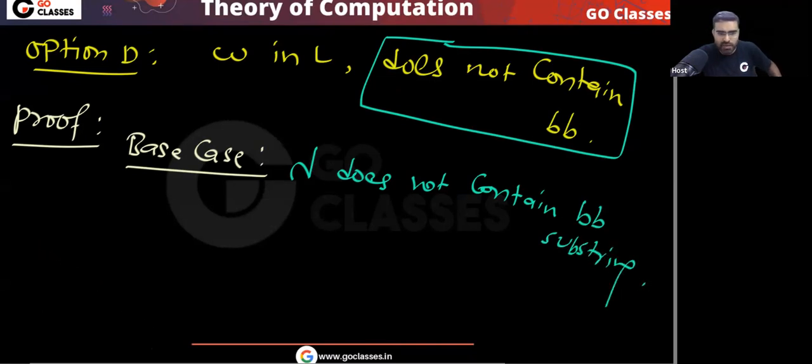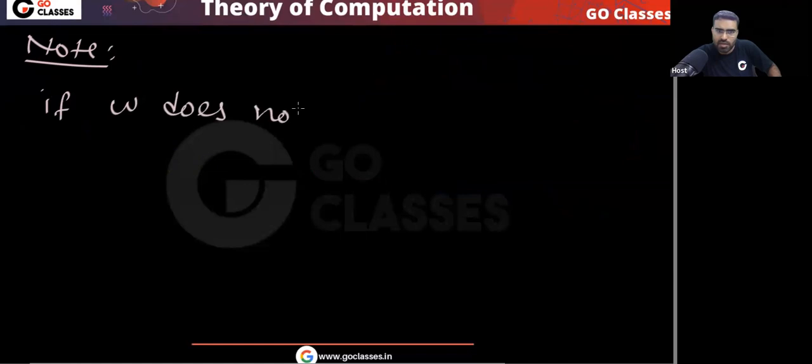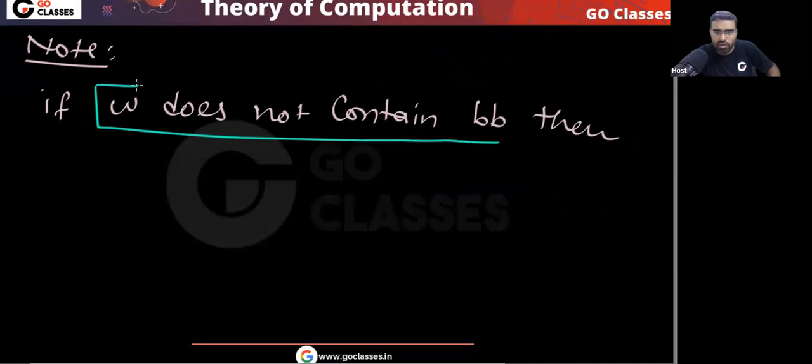Now you tell me a simple point I'm asking. If W does not contain BB, is it possible that WB can contain BB?